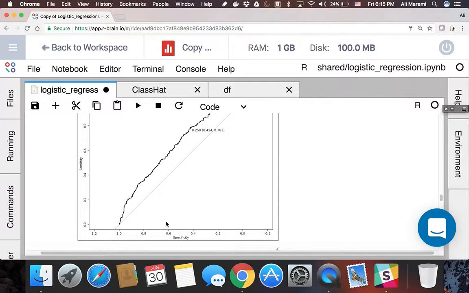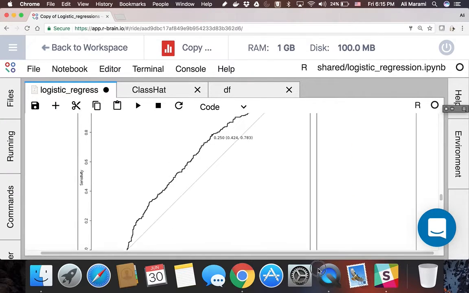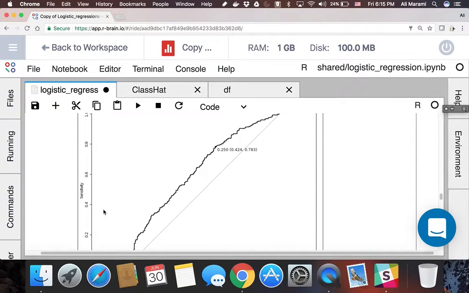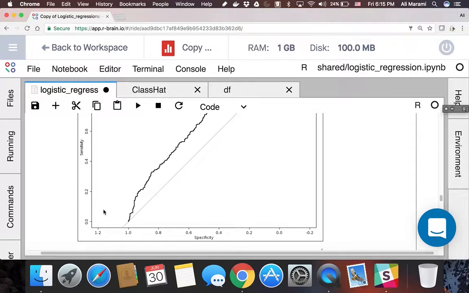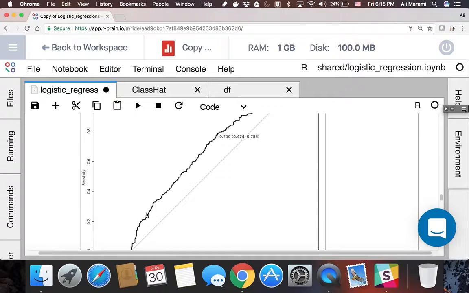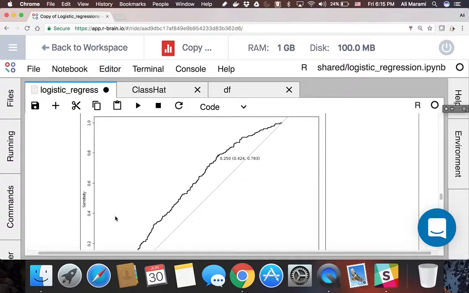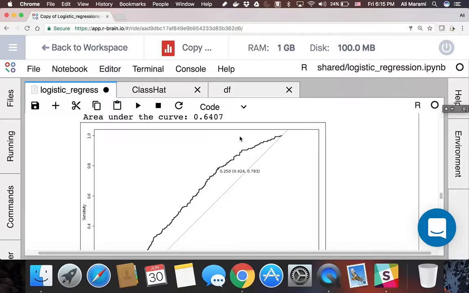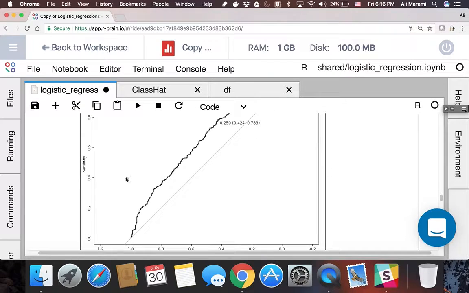As you can see here, we have two axes for the ROC curve: specificity and sensitivity. Basically, the ideal fit is something like an L shape for this prediction. It means I have a straight vertical line here and a horizontal line here. Then the area under the curve comes to 1, which is ideal. Why is this ideal?